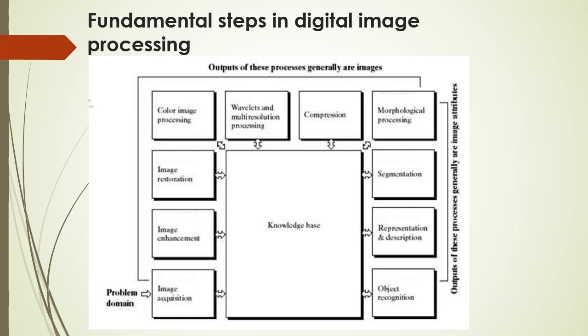Okay, so for digitizing this image, we have to go for sampling and quantization. It means we are going to discretize the image. So here sampling means discretizing the image spatial coordinates.